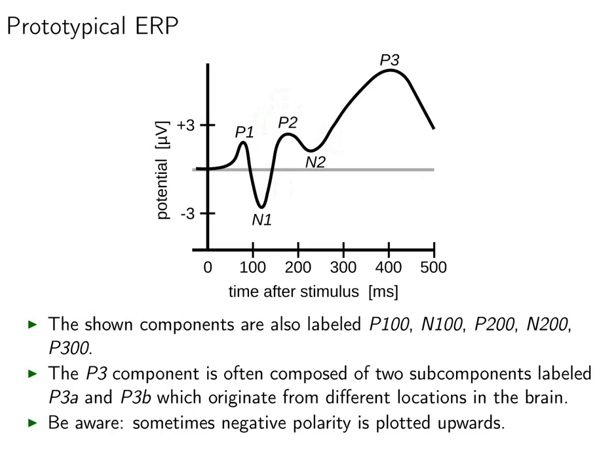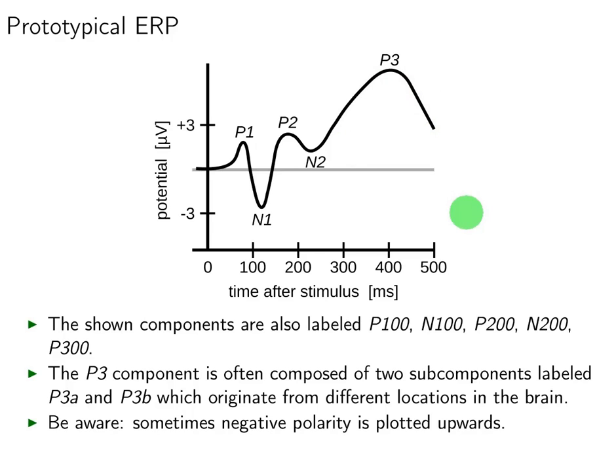An ERP waveform is typically composed of several ERP components. This is an example of ERP: P1, N1, P2, N2, P3, each of which is related to a positive or negative voltage deflection. As you can see, the ERPs typically have a label that starts with a letter P or N, which indicates the polarity of the deflection.